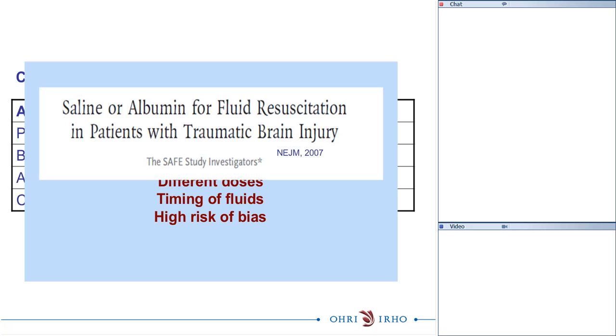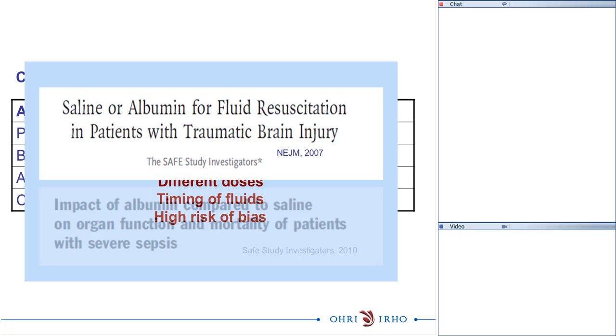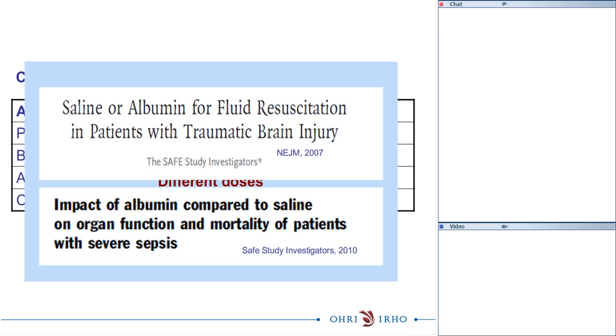In addition to that, we have recent data emerging that the type of fluid, or the same type of fluid that you give, may have disparate effects in different patient populations of our critically ill. So for example, TBI with albumin, maybe not so good, and we'll talk about that in just a minute, because I know the focus is on sepsis here.